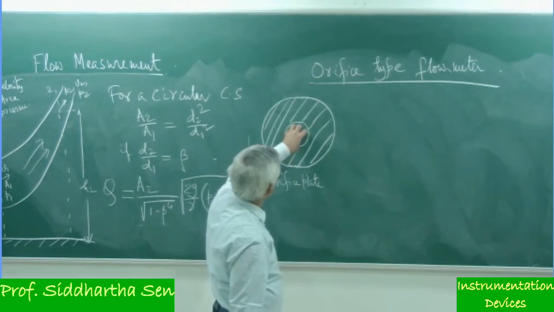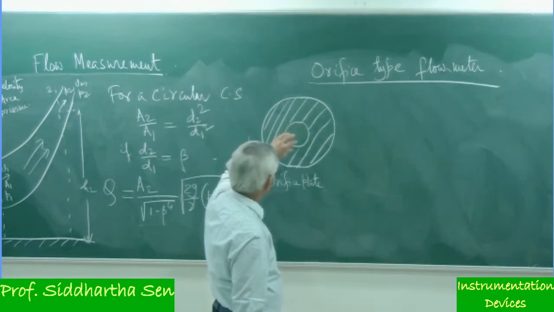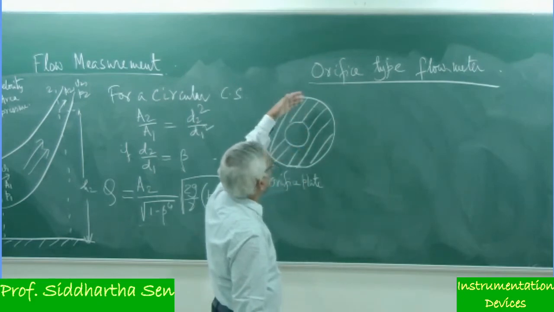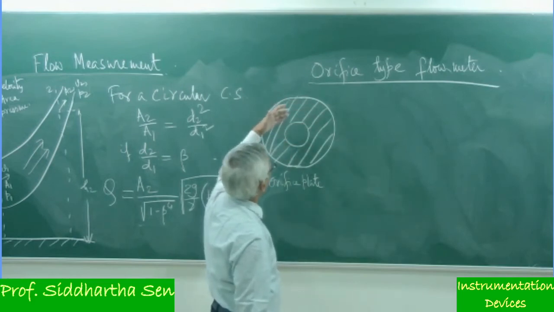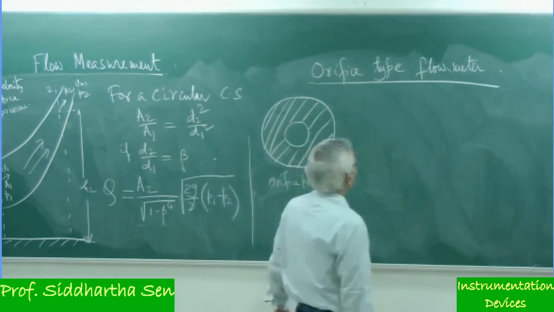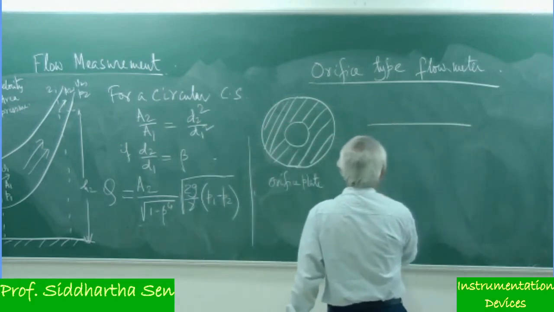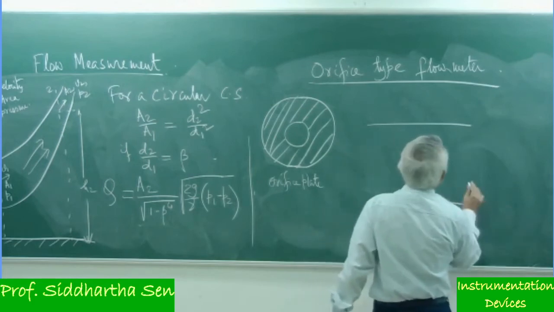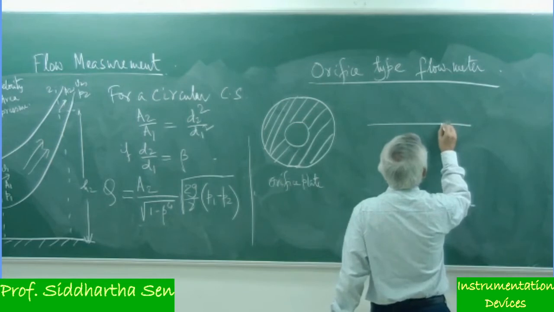Only the inside smaller circular area is open, where it will allow flow to pass, but the outside part is solid. It will obstruct the flow there. And this orifice is really done in this way.